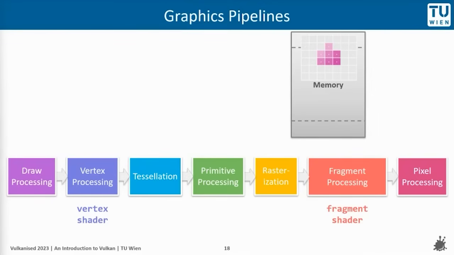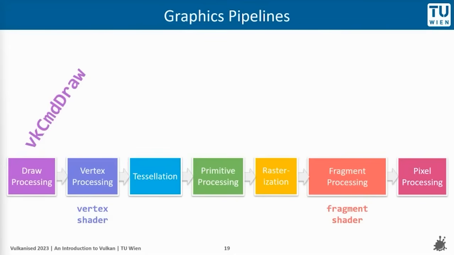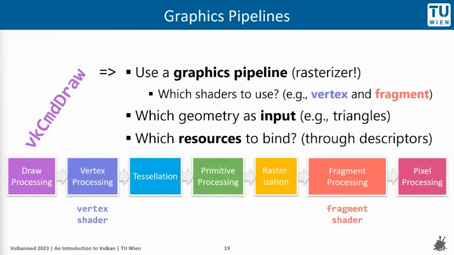We can configure everything of that in Vulkan. And let's, for now, focus specifically on the usage of graphics pipelines and also the input that we will be using for such a draw call, like vkCmdDraw. When we create the graphics pipeline, we specify all kinds of parameters.